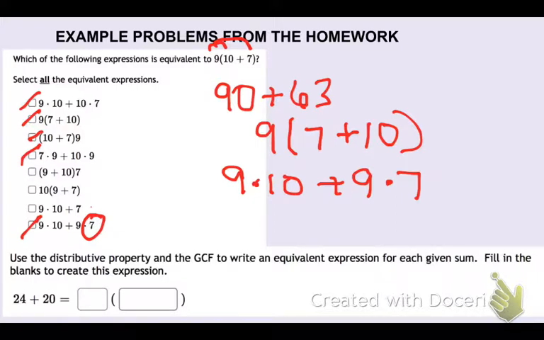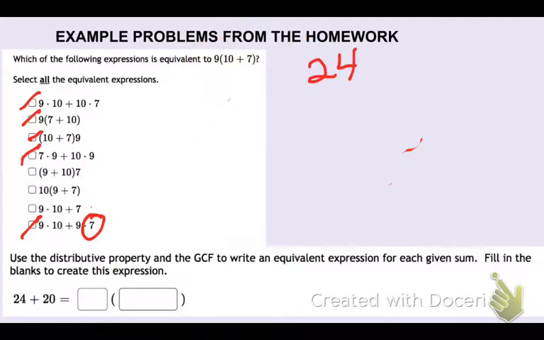It says use the distributive property to find the GCF to write the equivalent expression for the given sum. So we're finding the GCF of 24 and 20. All right, so we're finding the greatest common factor between 24 and 20. Let's list out the factors of 24. I have 1 multiplied by 24.